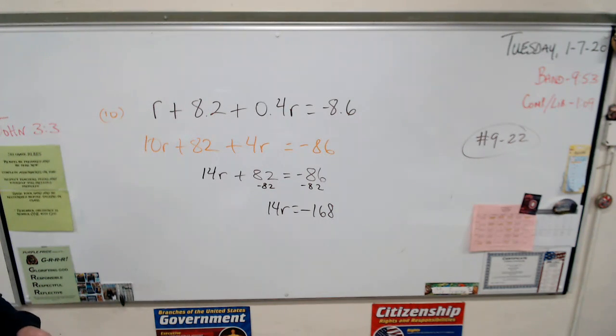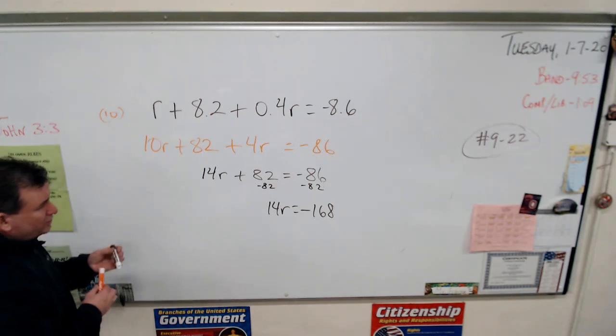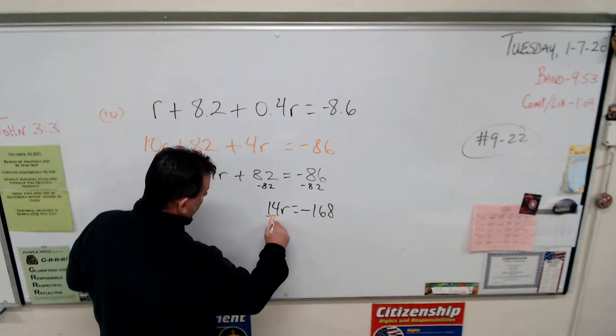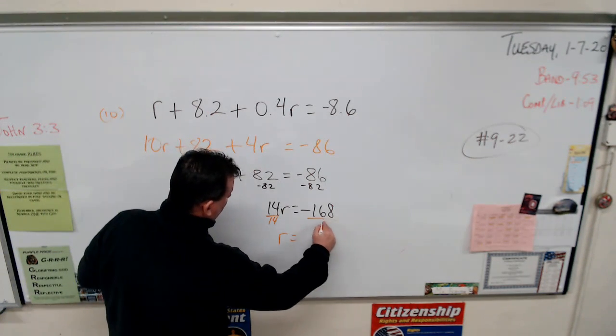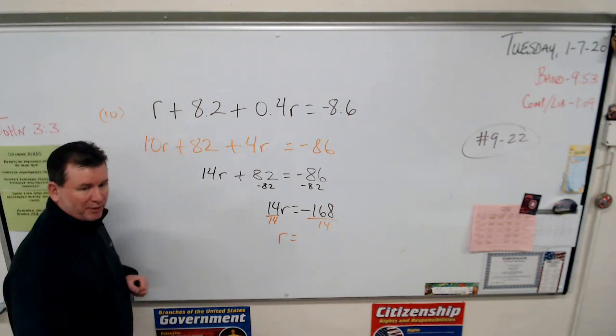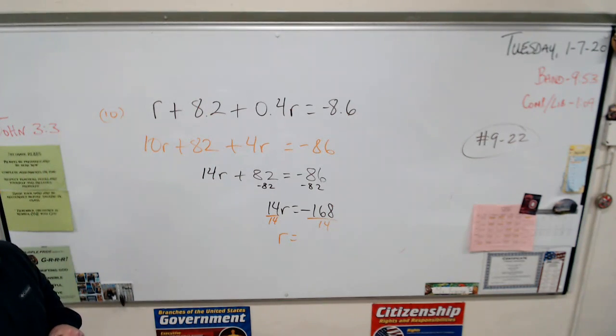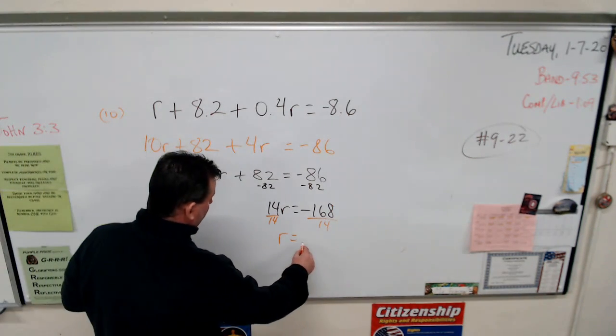How do I get rid of the 14? Divide both sides by 14. And they made it nice and crisp and clean for you. Because 168 divided by 14 is 12. Negative 12.